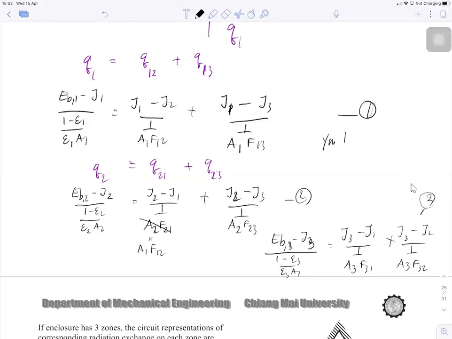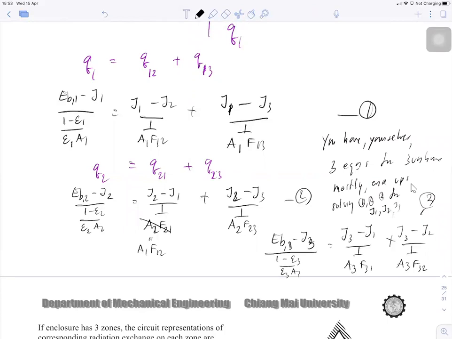You have yourself three equations for three unknowns. Mostly you end up solving for J1, J2, and J3.